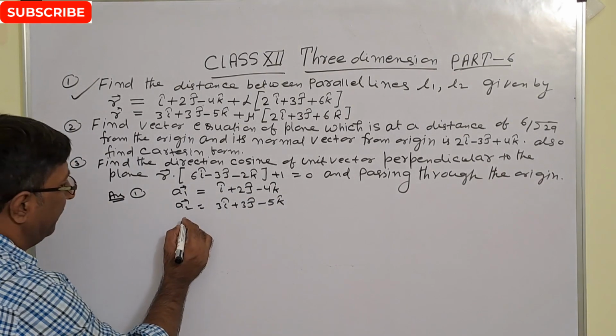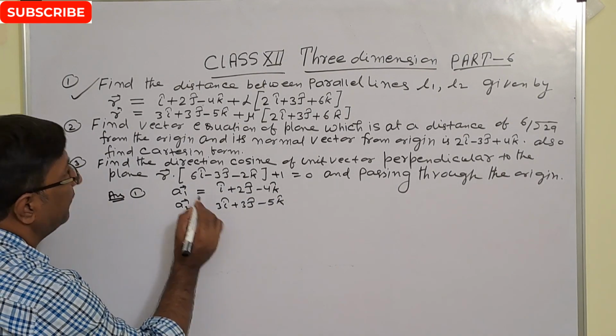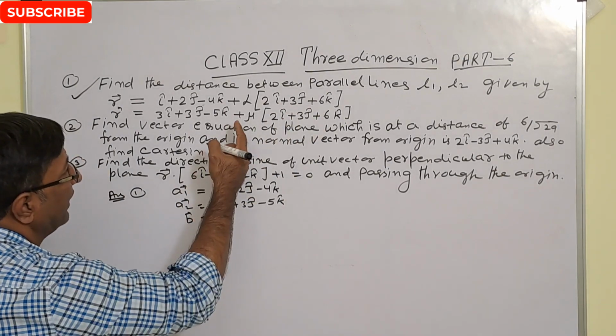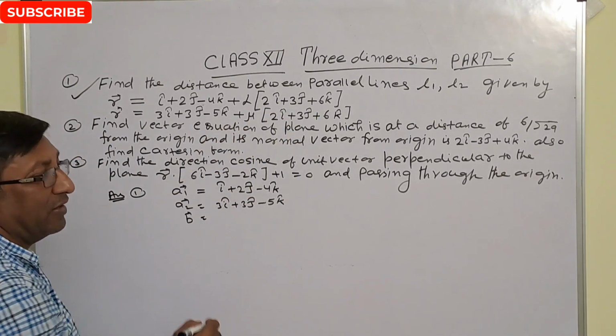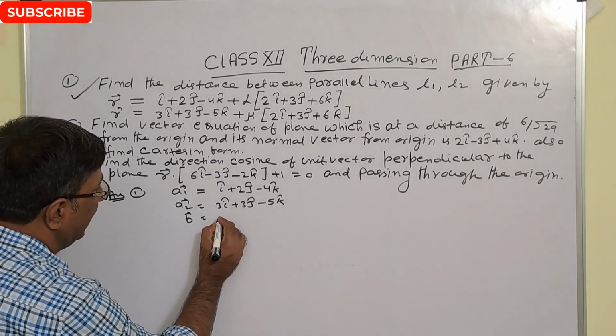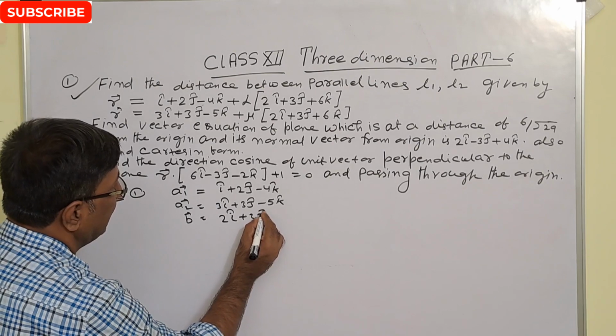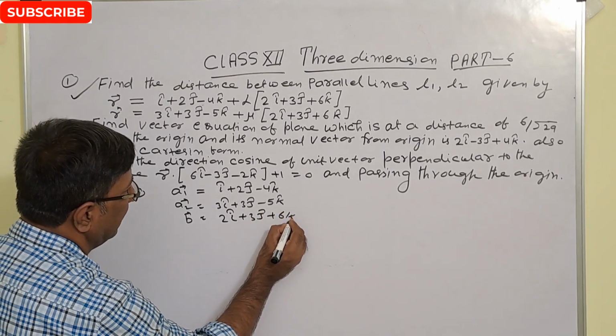Now what is the B vector? So this is the B vector here, 2i, 3j, 6k. So both lines are parallel, so the B vector will be the same. So B vector is what? This is 2i plus 3j plus 6k, right?